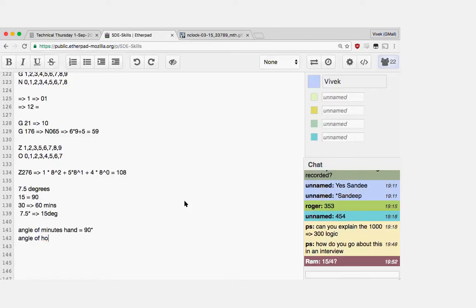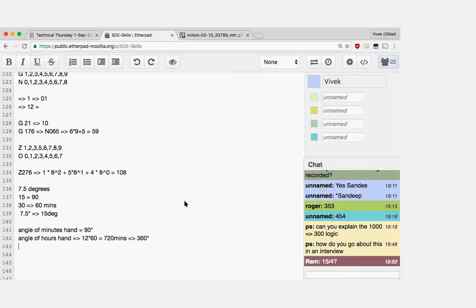What is the angle of the hour hand? So 3 by 12 into 360. In 12 hours, which is 720 minutes, it moves 360 degrees.